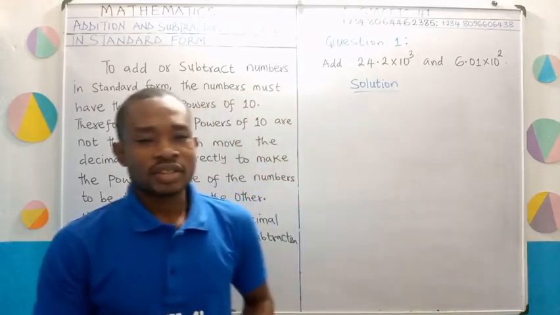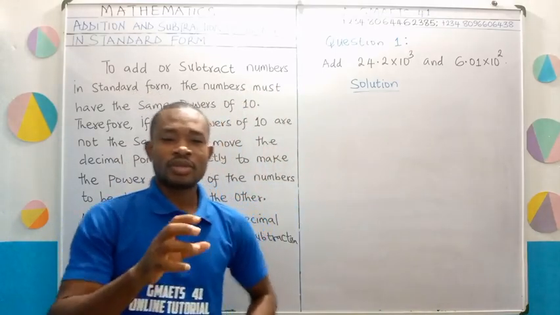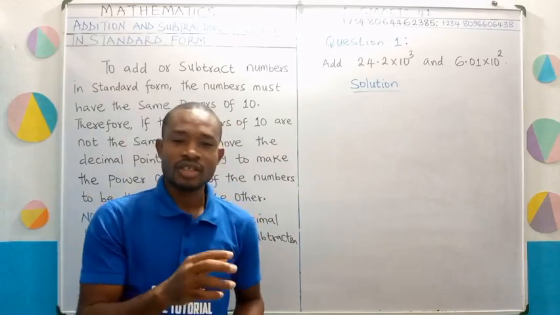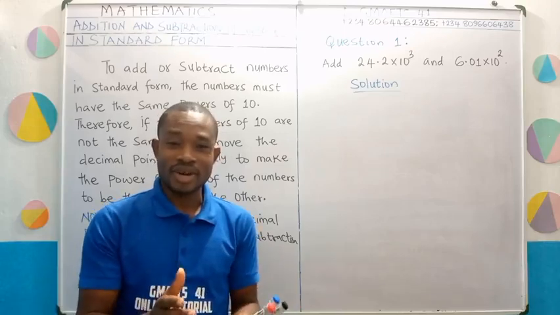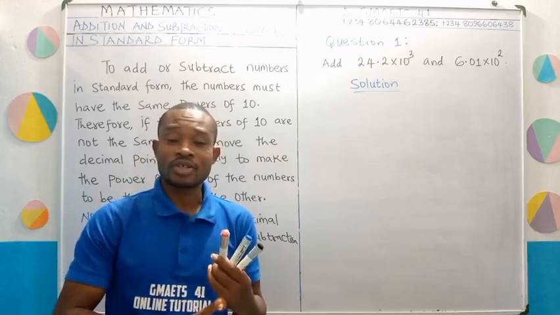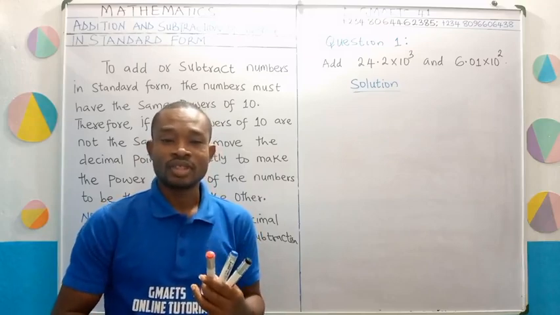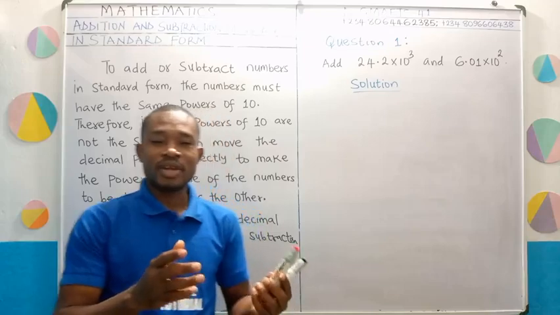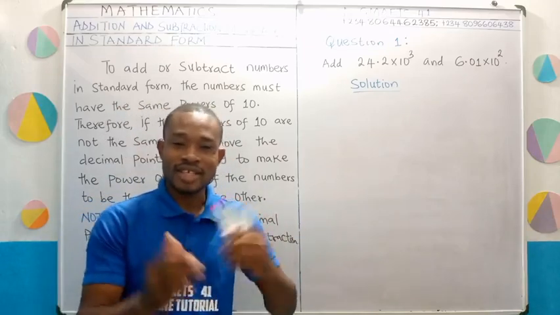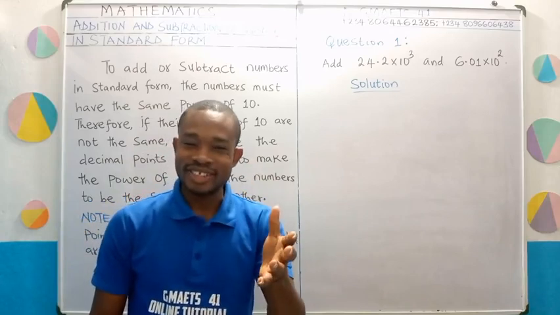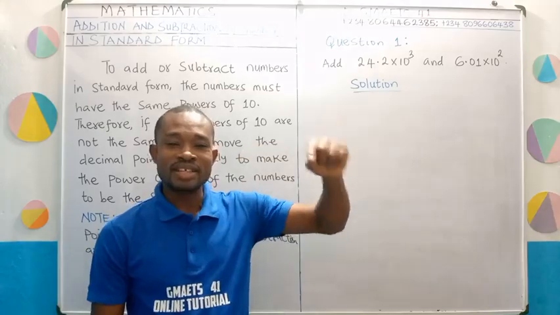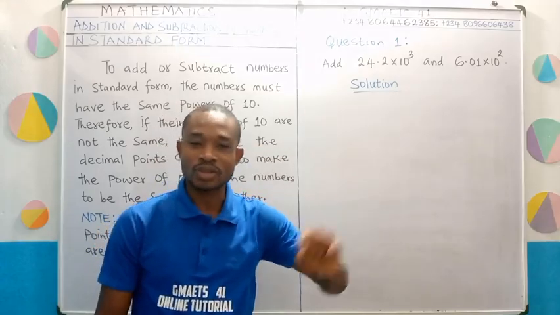This simply means that if the powers of 10 of the numbers are not the same, then you cannot add them directly. You have to do something to make their powers equal. And what you have to do is simply about point movement. That's the decimal point movement. You have to move the point correctly so as to make their powers of 10 equal.